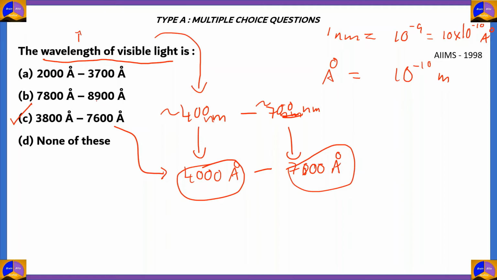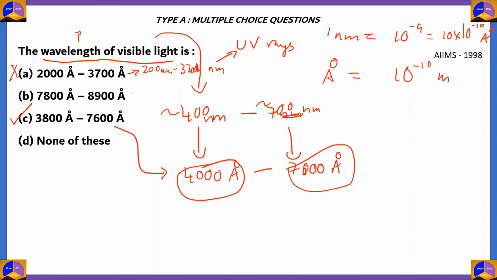Let's look at why others are different. 2,000 angstroms to 3,700 angstroms would be 200 nanometers to 370 nanometers. This is lower than violet, the wavelength. So this is UV rays. This is the wavelength for UV rays, so that's incorrect.